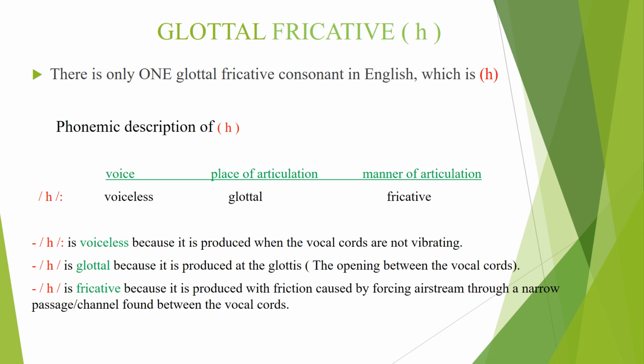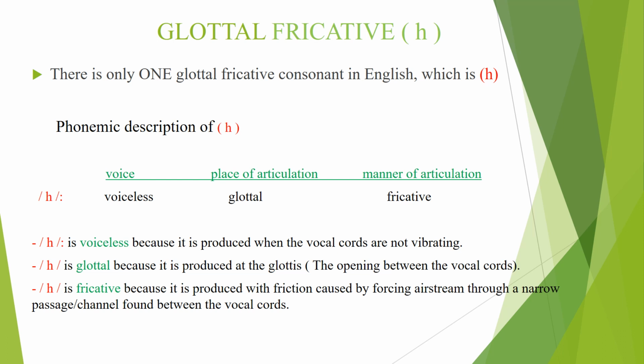The last fricative consonant is the glottal fricative. There is only one glottal fricative consonant in English, which is h. H is a voiceless glottal fricative. Why is it voiceless? Because it is produced when the vocal cords are not vibrating.